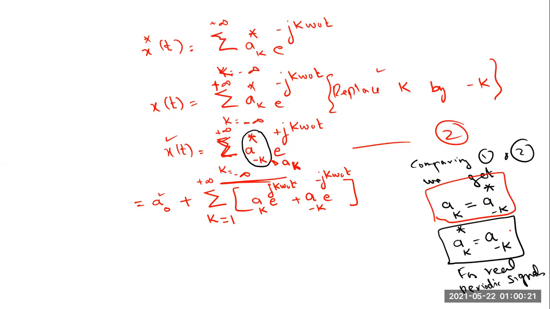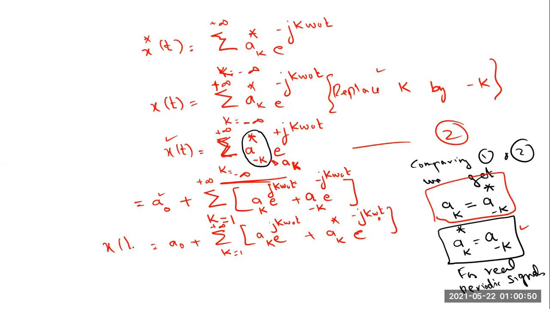Now, we have already proved this thing that a minus k is equal to ak conjugate. So this a minus k can be replaced by ak conjugate. And now you can clearly see that the two terms inside the square brackets are complex conjugate of each other.